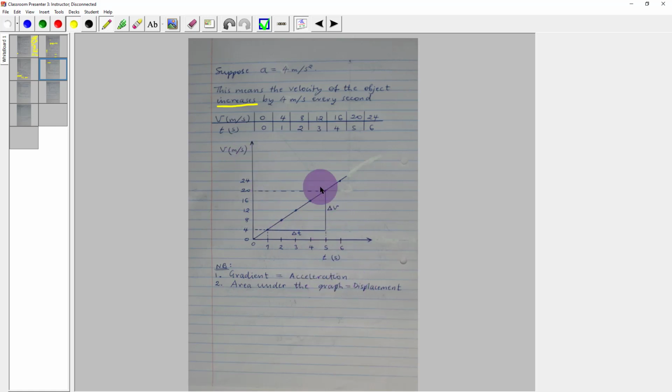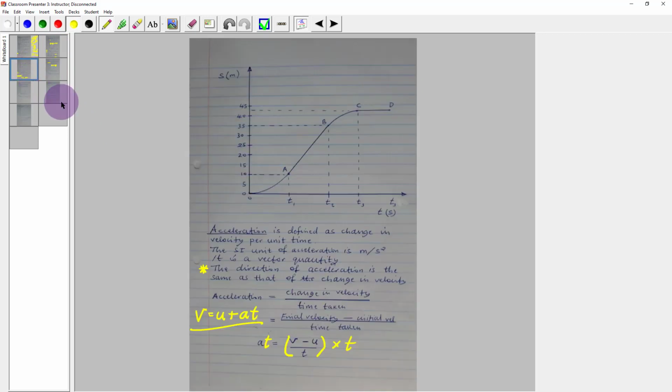And we can prove that, because the gradient will be equal to the change in the quantity that we've put on the y-axis, which is change in velocity, divided by the change on the x-axis, which is delta t. And you can see this is in accordance with how we have defined acceleration.